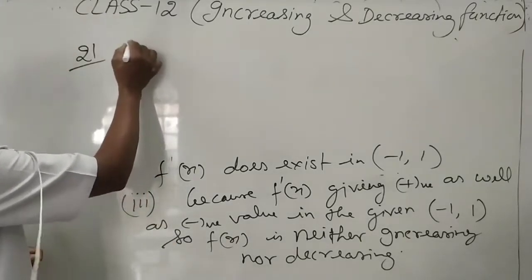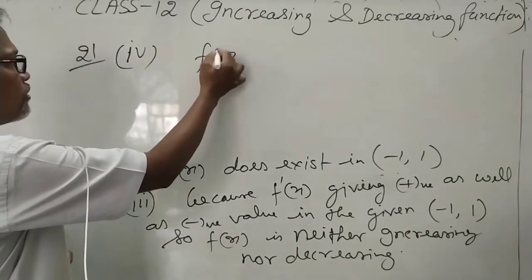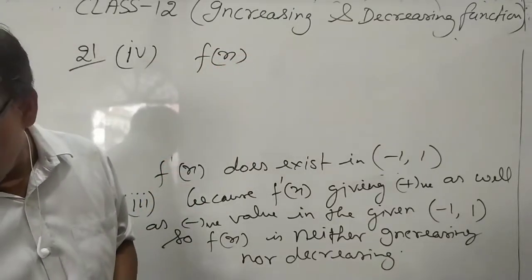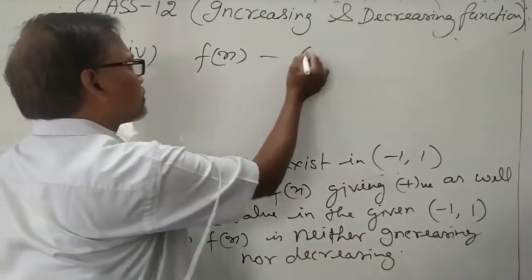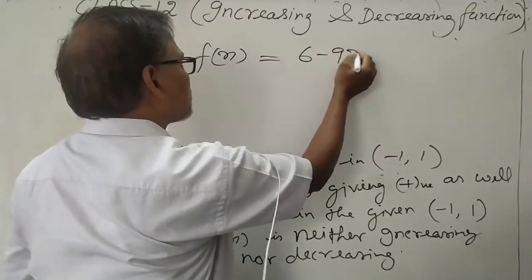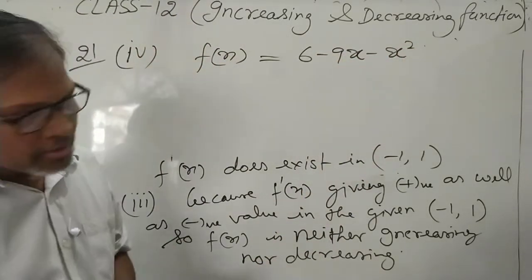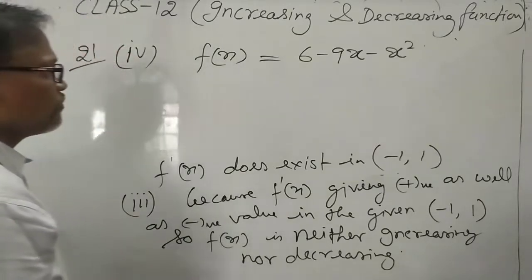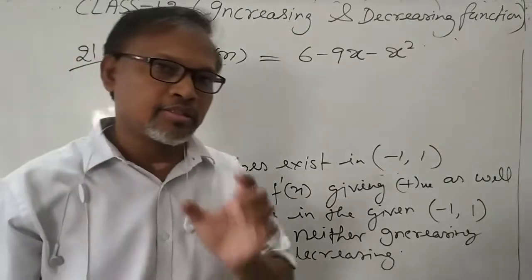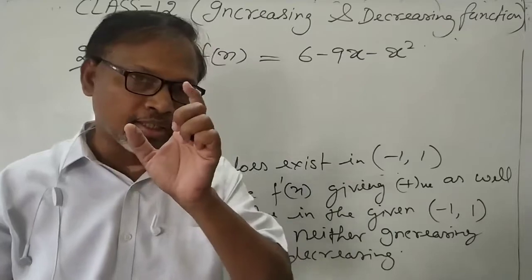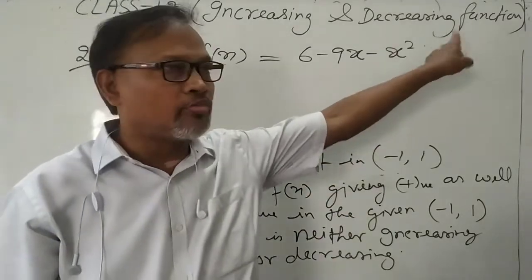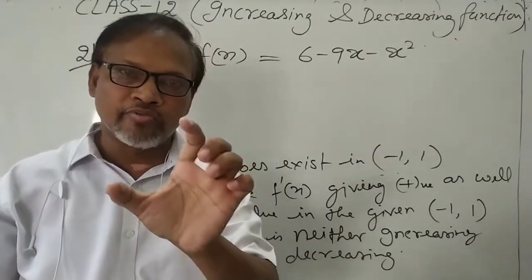Fourth part, f(x) is equal to 6 minus 9x minus x square. Now you have to find the intervals. The interval, that is the domain, is not given in the question.